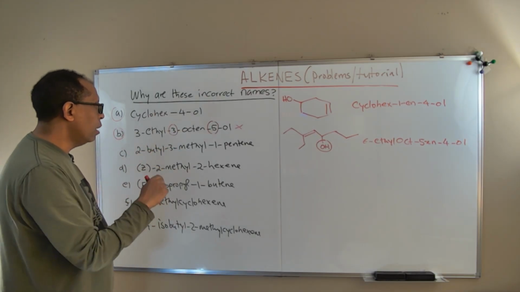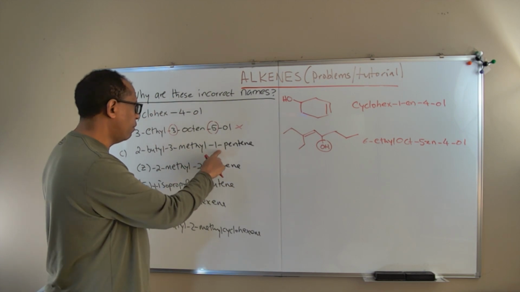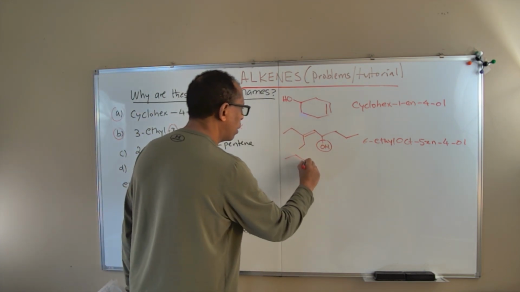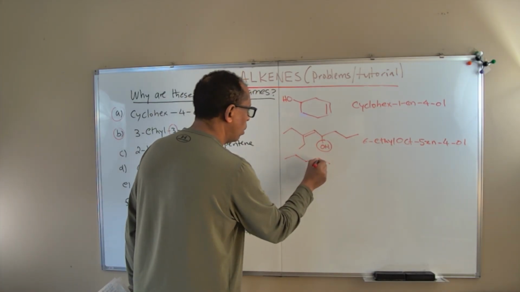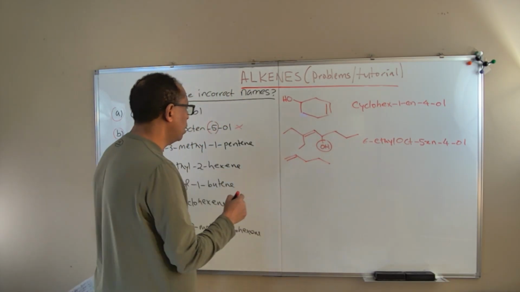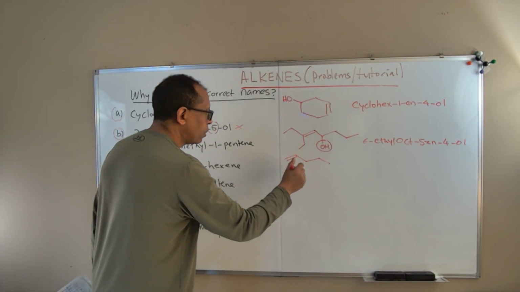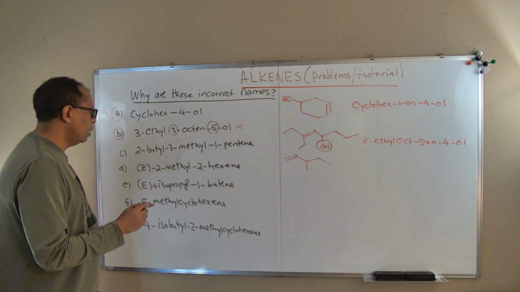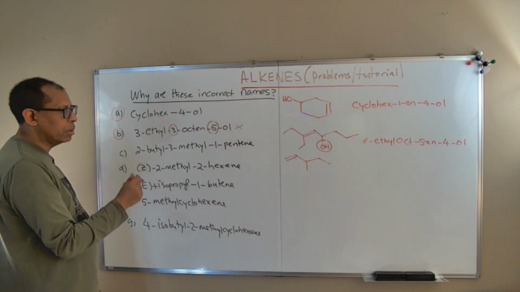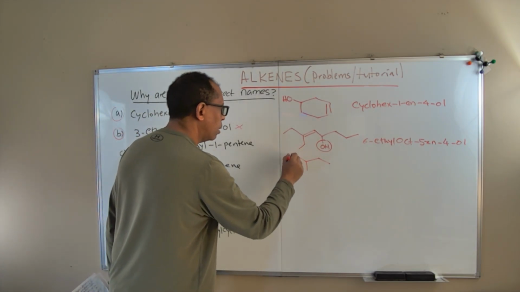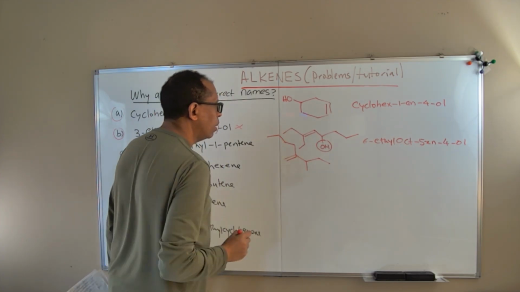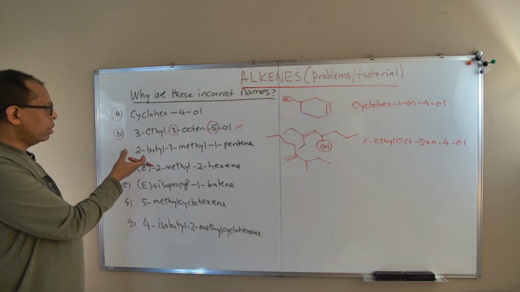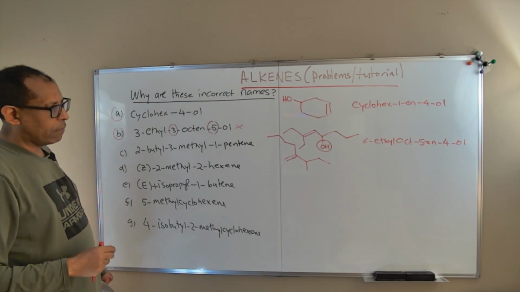If I have a 1-pentene, that means 5 carbons: 1, 2, 3, 4, 5, with the double bond starting at 1. There's a 3-methyl group here, and you have a 2-butyl: 1, 2, 3, 4. So this is the structure C is suggesting.